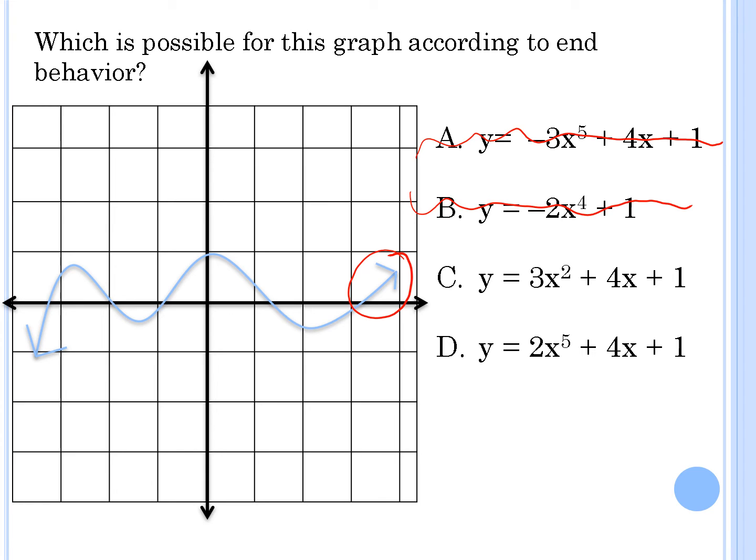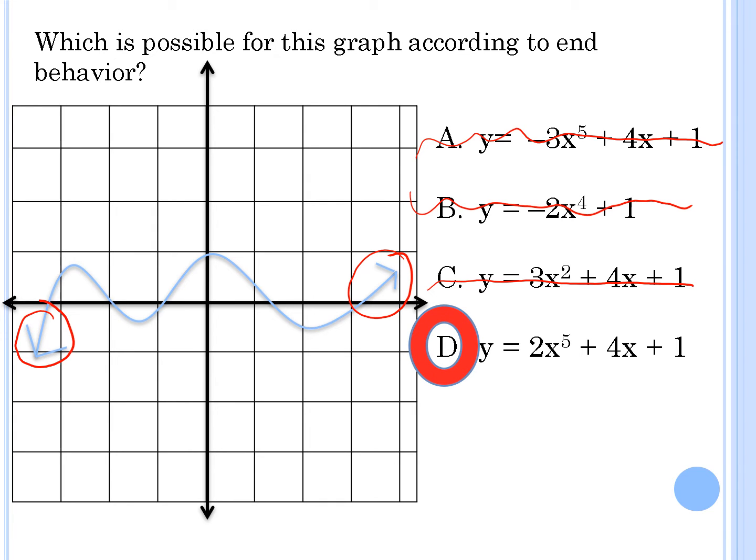Okay, now I know the right end is up, so that means a is positive. Then I look at the left end. The left end is going down, so that's opposite. Opposite means I need to have an odd exponent. The biggest exponent here is even, so we can't count that one. So that means that D is the only answer left.